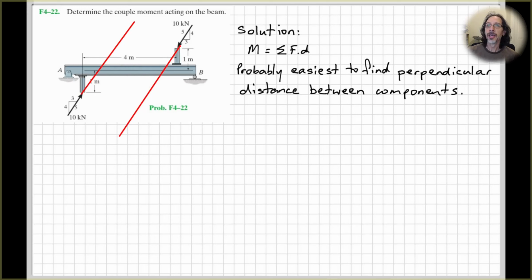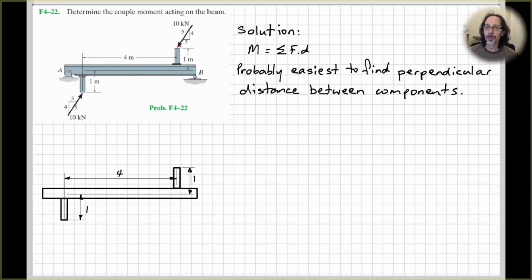So let's do that. Just redrawing the problem and putting on my forces here. What we need to do now is find our components, and we're given the force directions using this 3, 4, 5 triangle, and you'll see this a lot in textbooks. It's also a useful thing to know, to get something square.